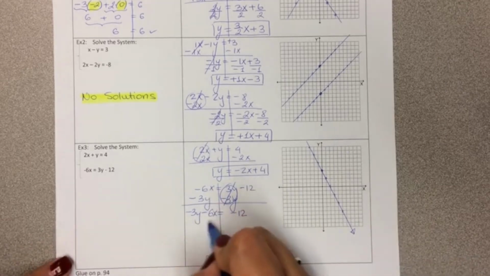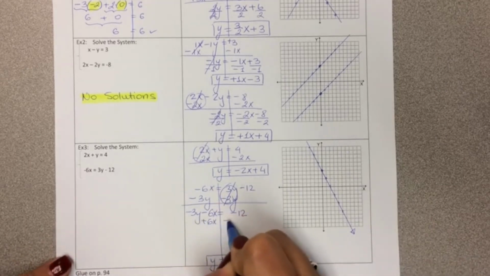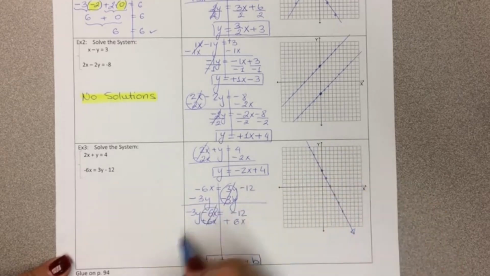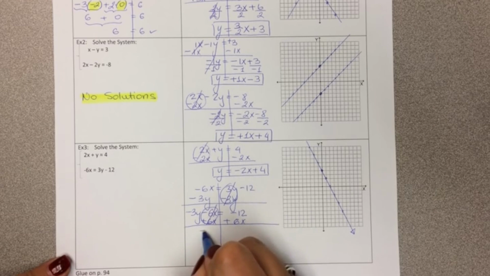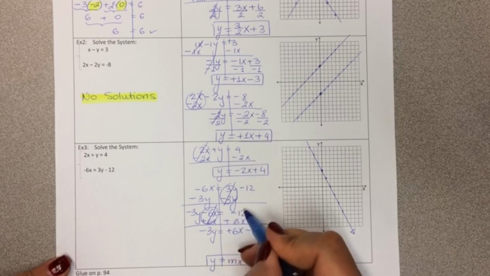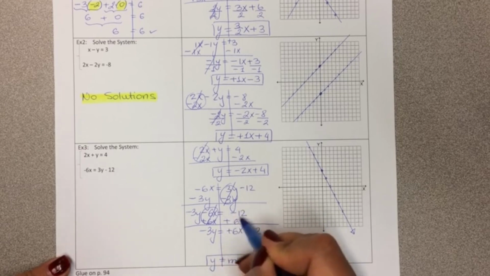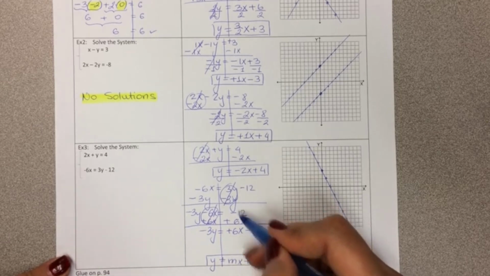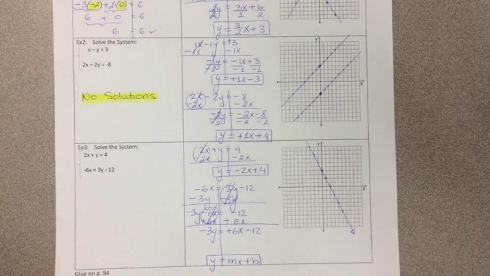Then, using inverse operation, you add the 6x to get rid of it from here and move it over to where it belongs. Negative 3y will come down, and then positive 6x minus 12. The terms are in slope location and constant y-intercept location.